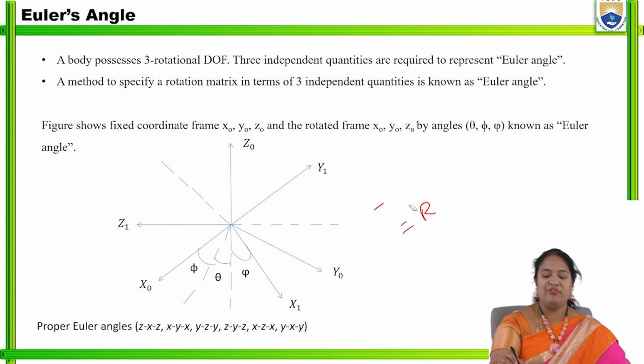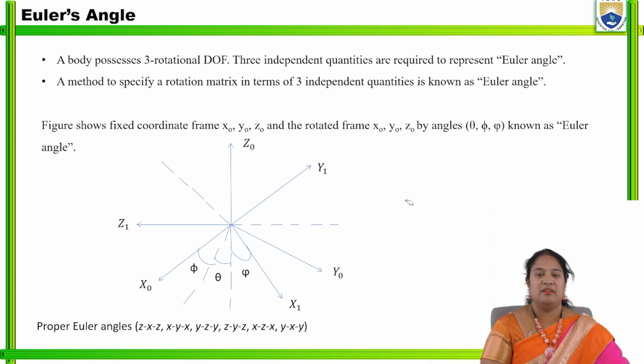Now what will be determined in the Euler's angle? The determination will be the same, but the methodology to determine that orientation or position will be different, depending upon the rotation of the axis, right?